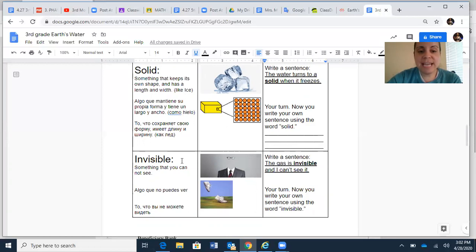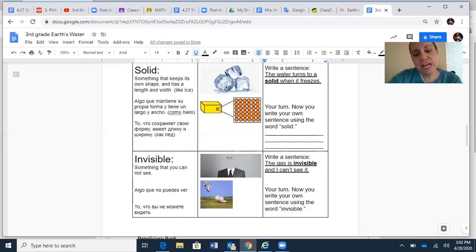Next word, invisible. Invisible. Say that with me. Invisible. Good job. Invisible is something that you cannot see. So like this man right here, this man is invisible because you see his shirt and his glasses, but you cannot see him. He is invisible.